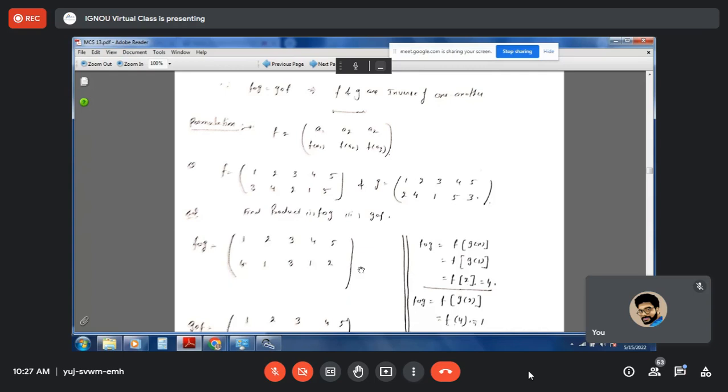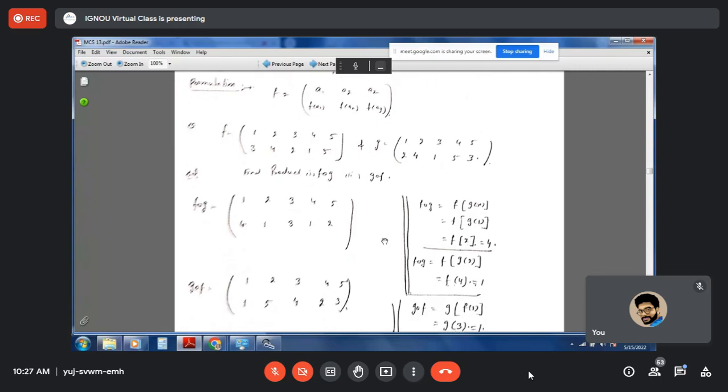In that side we used the same rule, composition with algebra. I have told you the direct method to find it. So what about G composition F? For G composition F, we will start from F to G. Again see, the first member is 1.